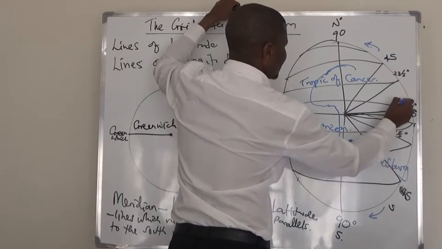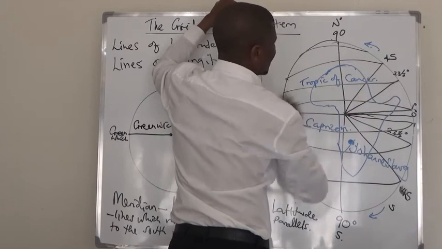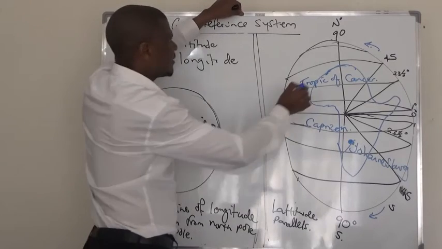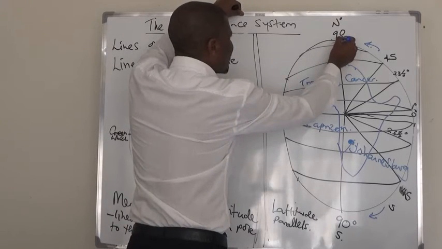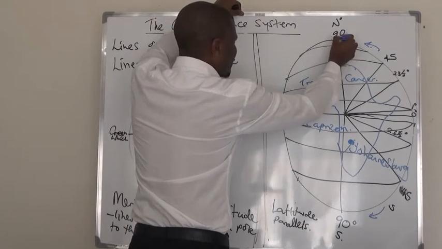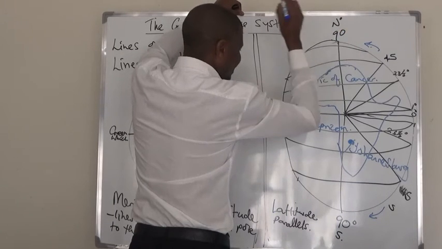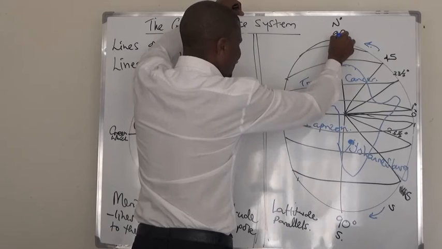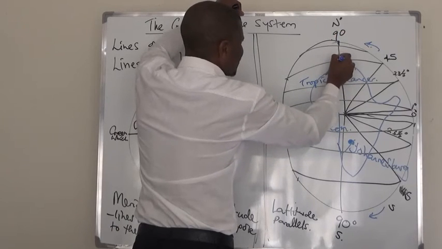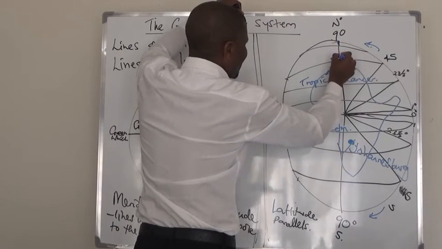The line of longitude, that is the Greenwich Meridian, would run from Greenwich, which would be somewhere here in England.